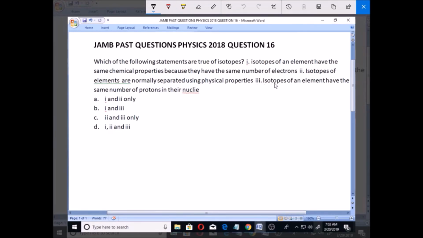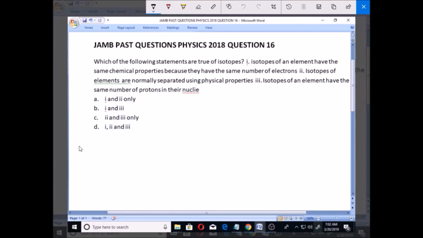III. Isotopes of an element have the same number of protons in their nuclei. The options are A, I and II only, B, I and III, C, II and III only, D, I and III. So which is the correct option?